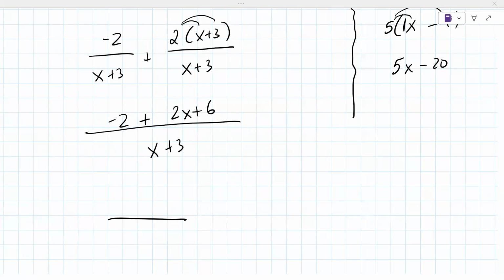What we do is negative 4x plus negative 12x. Nope. Negative 12. Nope. Go back and look at what you did in the previous problem.